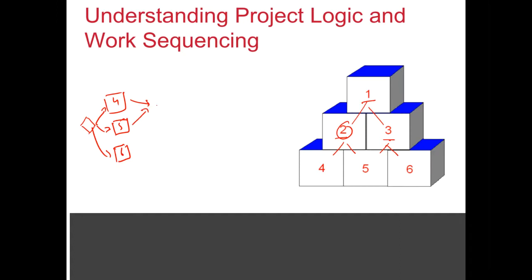So we define this relationship, which is called finish to start, indicating that we could only do 2 once 4 and 5 have been done. And likewise for 3, you can't lay block 3 unless blocks 5 and 6 are in place. And the last activity is 1, which would require completion of activities 2 and 3, right? So this would indicate the logic of how this project will be delivered.